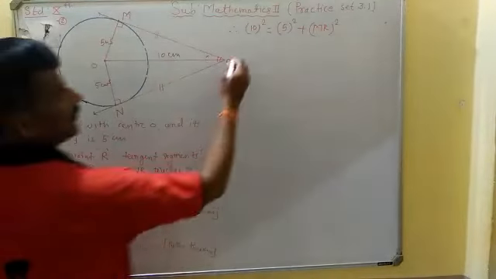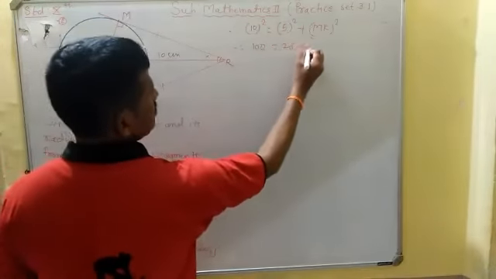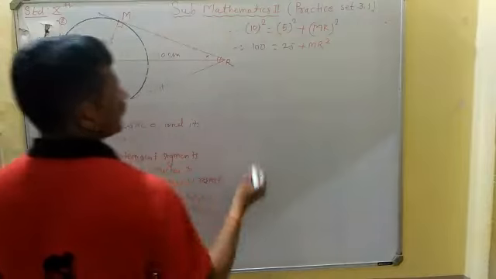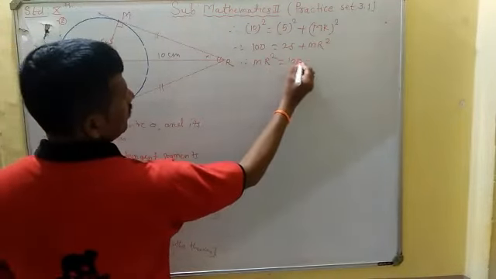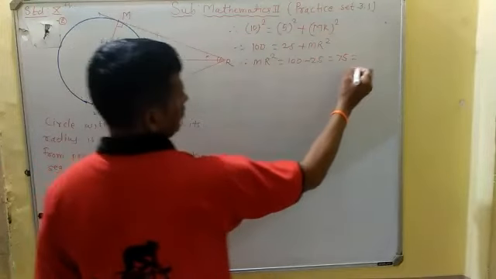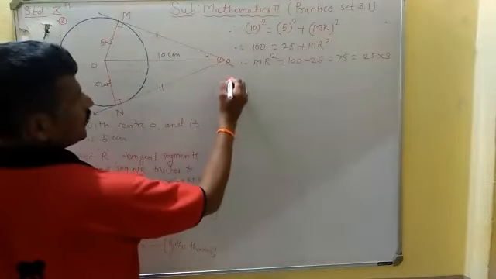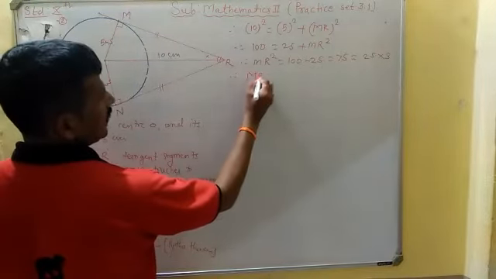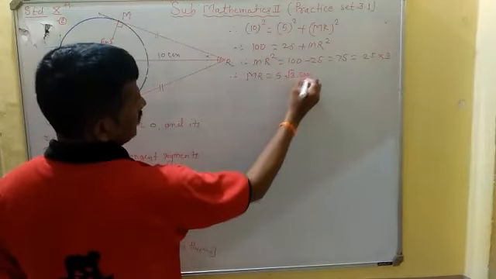Now 100 is equal to 25 plus MR square. Therefore, we write here MR square is 100 minus 25 is equal to 75, and that 75 is written 25 into 3. Now taking square root on both sides, we get MR is equal to 5 under root 3 centimeter.